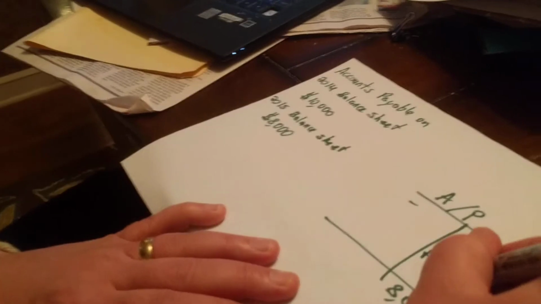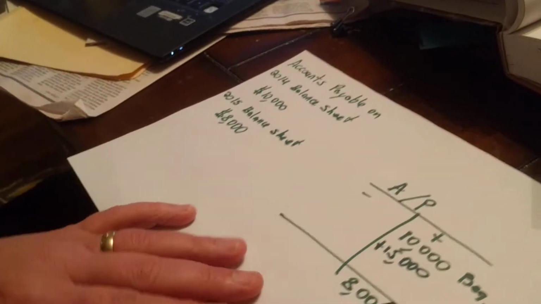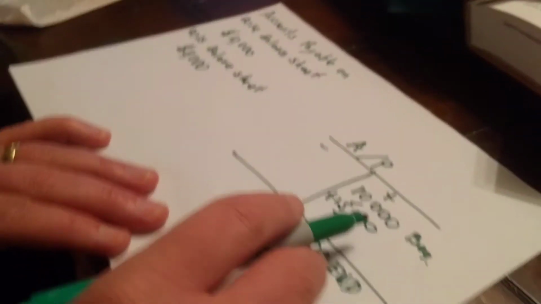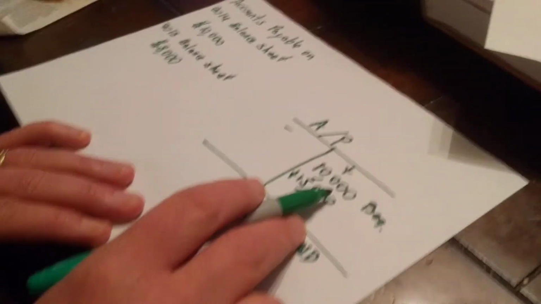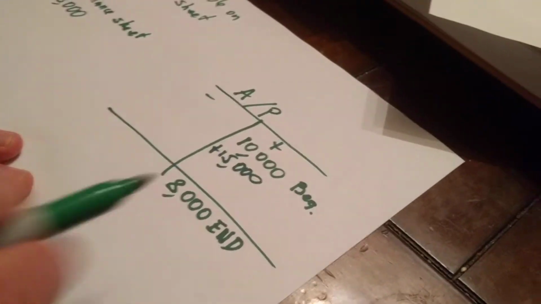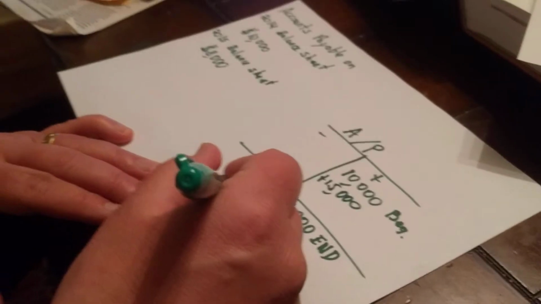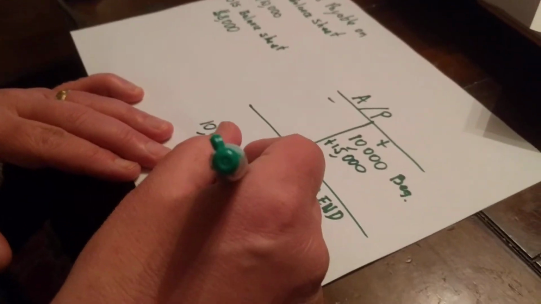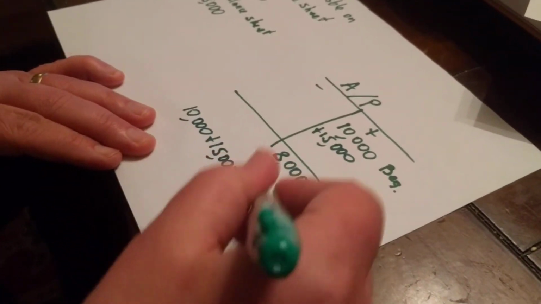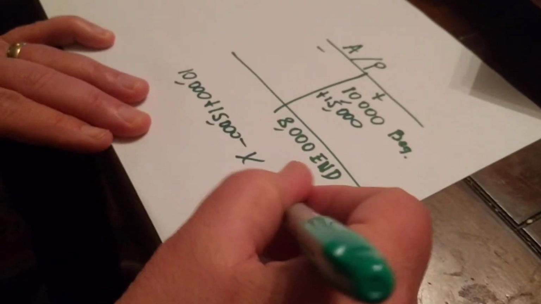So now what we end up with is on this side we have 10,000 we begin with plus 15,000 we added to it. Now we know it ends at 8,000. So again, we have to do a little algebra. 10,000 plus 15,000 minus X, in this case a minus because we're going to the other side, equals 8,000.